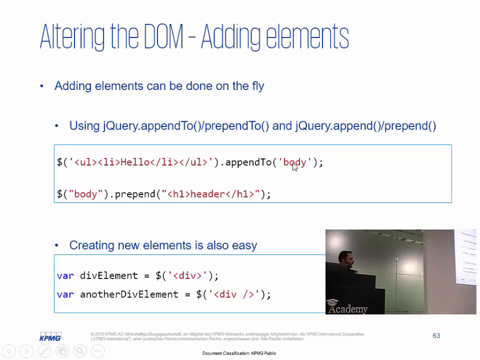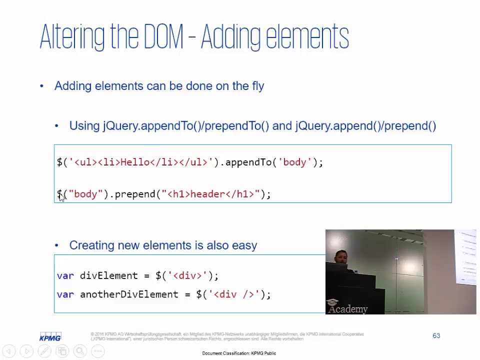So we can select by tag name like this, and we can take this HTML just as it is, make it into jQuery, so we get all the jQuery prototype functions, and so we can call append to immediately and append it. Or we can prepend, so append in the end or prepend just before the selected object.